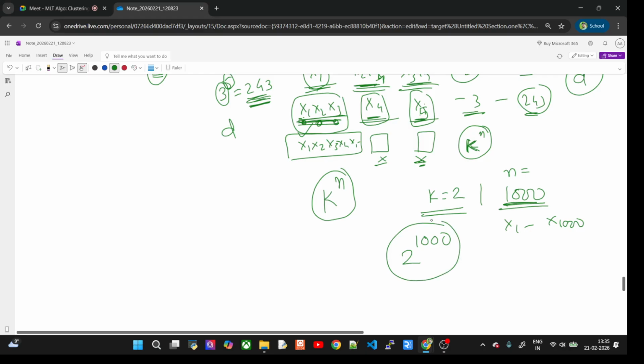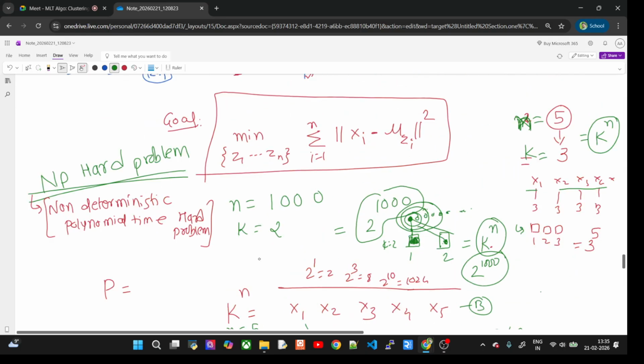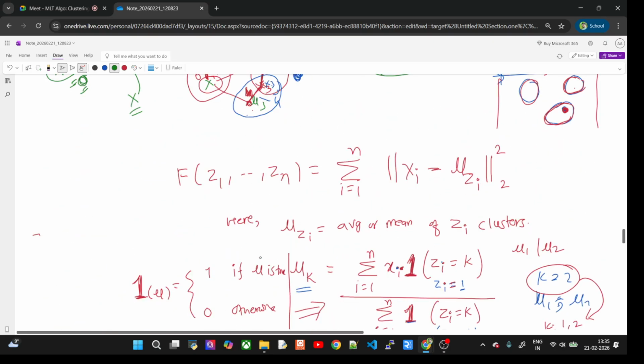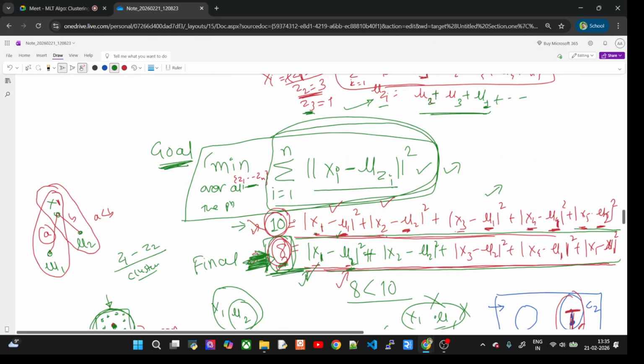These many combinations are available. In one combination you got some value, like 10, in the next combination you got 8, in the next you may get 6, in the next you may get 12.